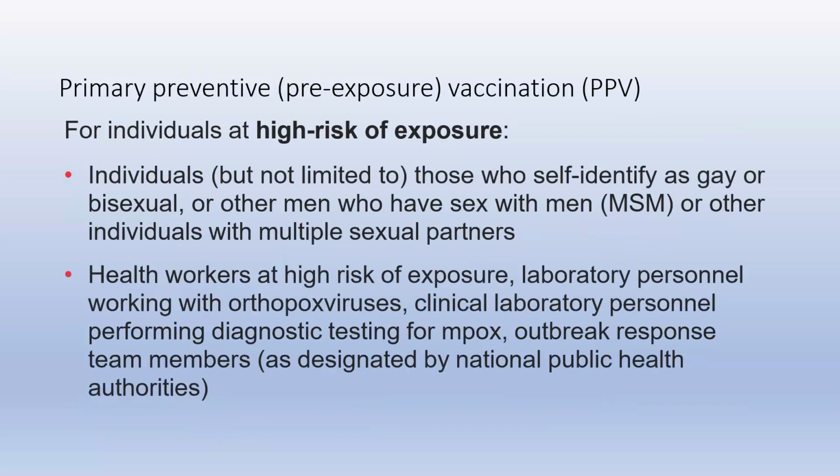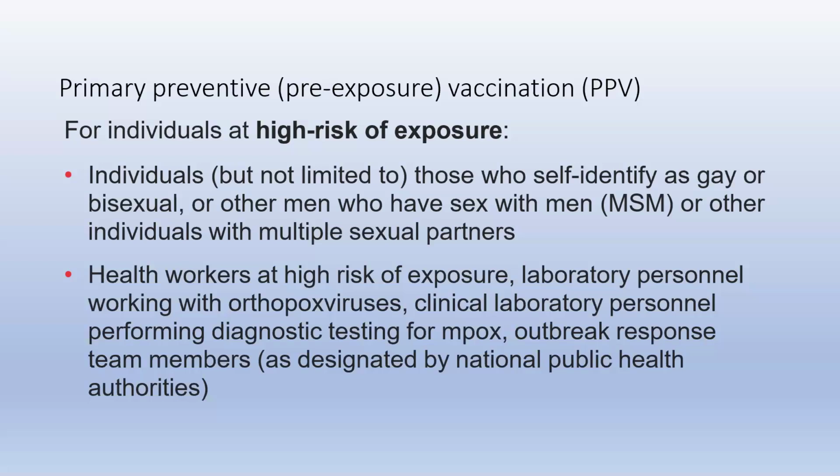So who are these high-risk patients? For high-risk individuals, we may consider primary pre-exposure vaccination. As we saw, especially the 2022 outbreak disproportionately affected men who have sex with men and their partners. So these are considered high-risk individuals who may be considered for primary prevention vaccination.